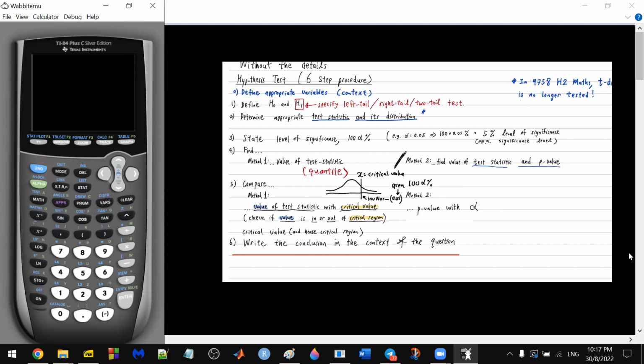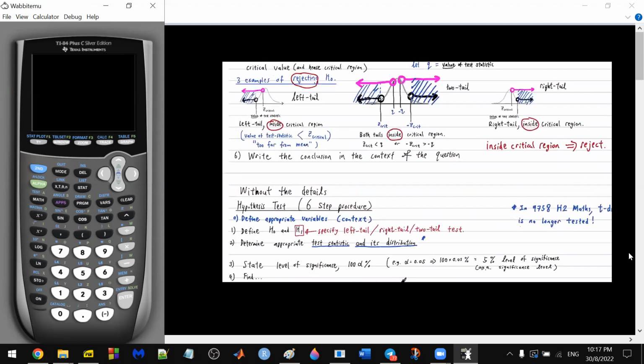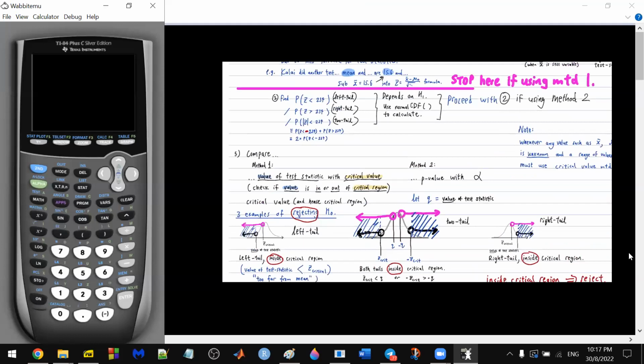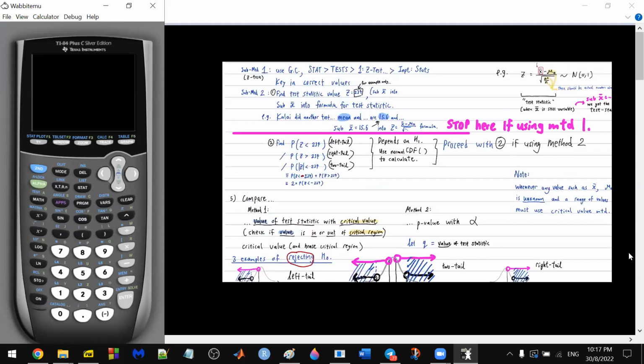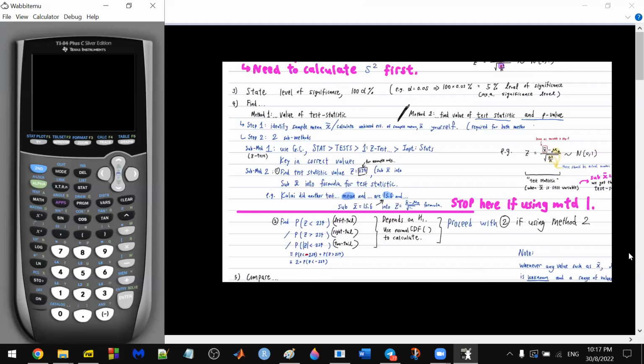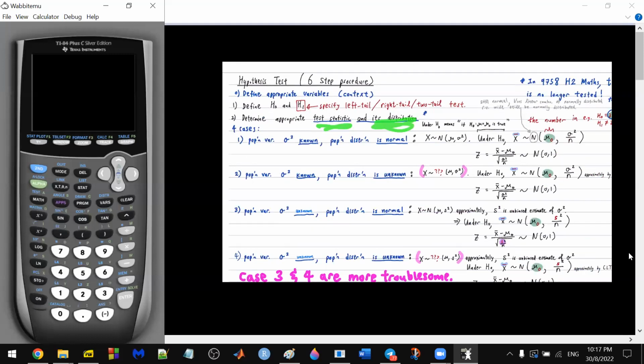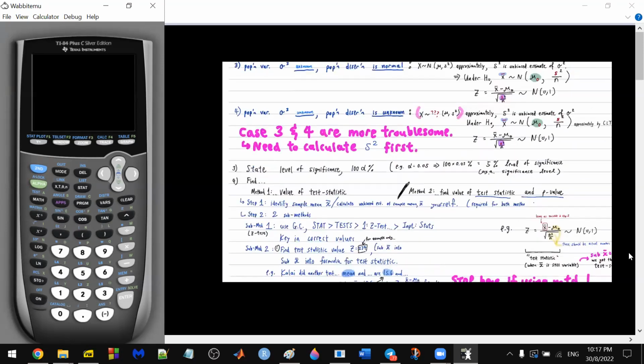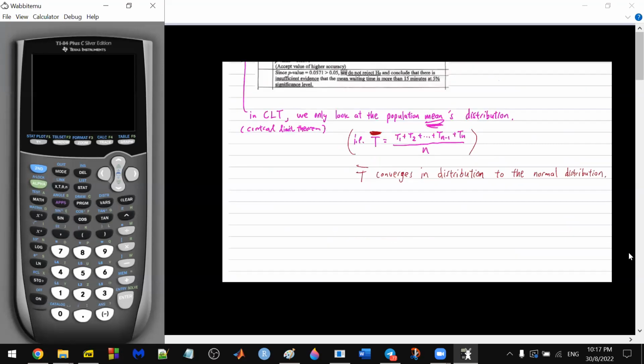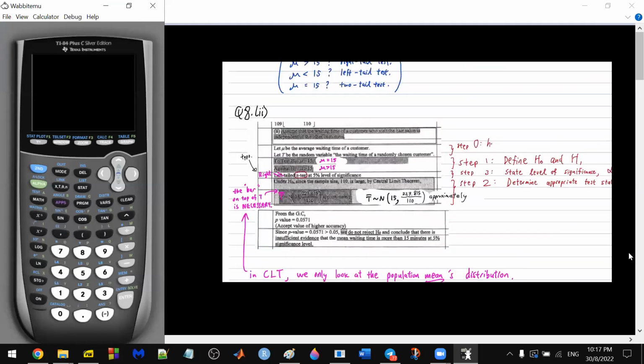Now we can look at an example. The details. Determine the appropriate test statistic and distribution has 4 cases. I'll leave it to you to read on your own. Then let's look at the answer for this question.